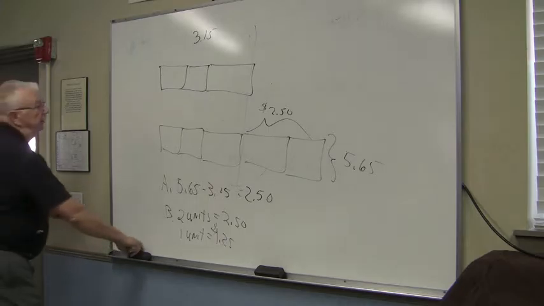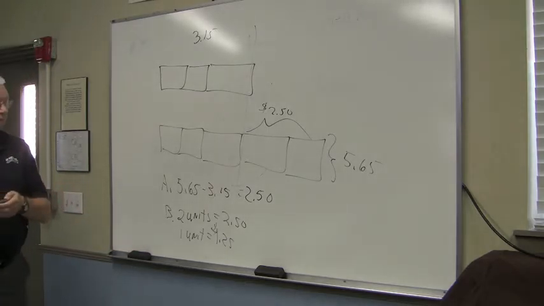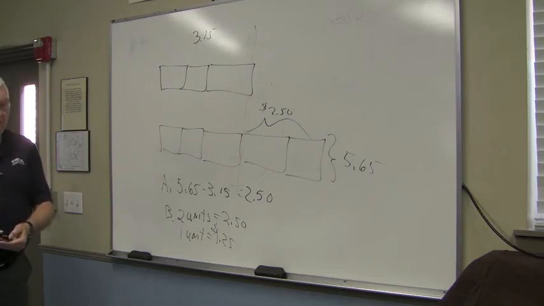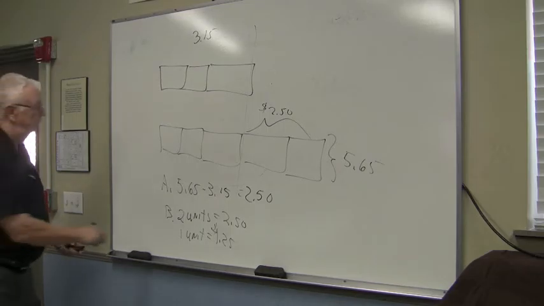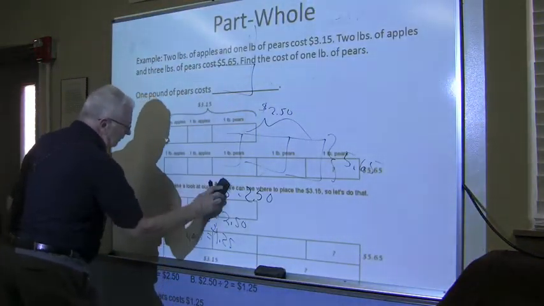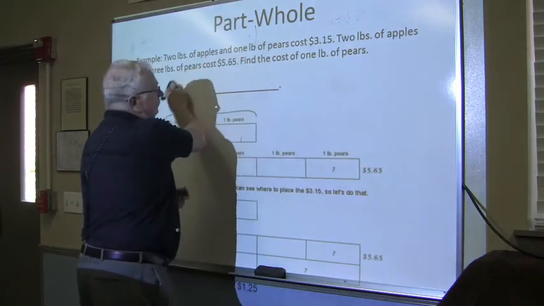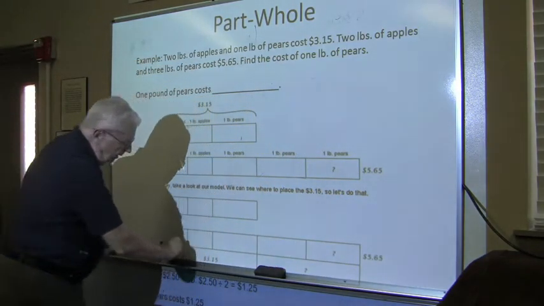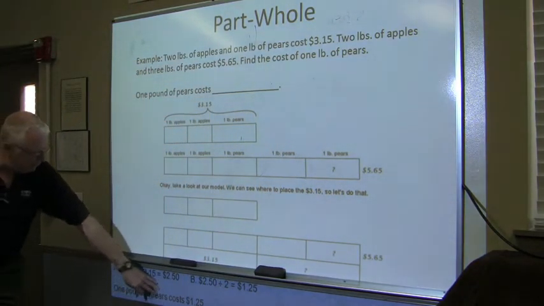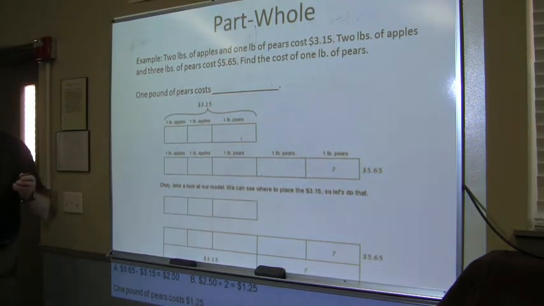Okay. There it is. All right. So that's at the bottom. And you can see that it comes out to be 1 pound of pears cost $1.25.